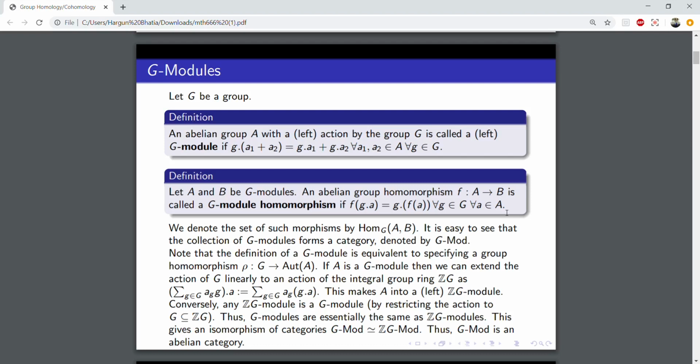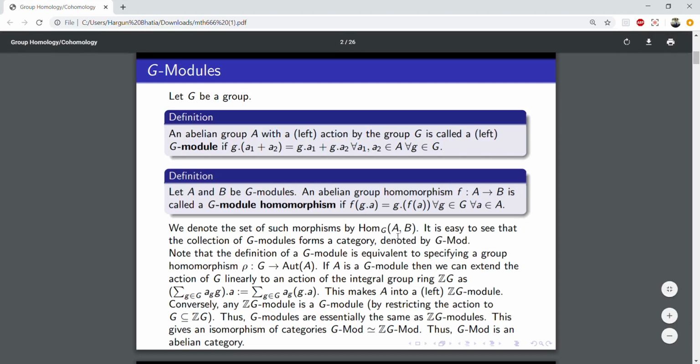We denote the collection of all such morphisms by Hom_G(A, B), and you can see that with this definition of objects and morphisms, this actually forms a category, which we denote by G-mod.